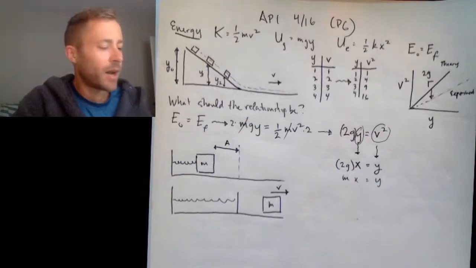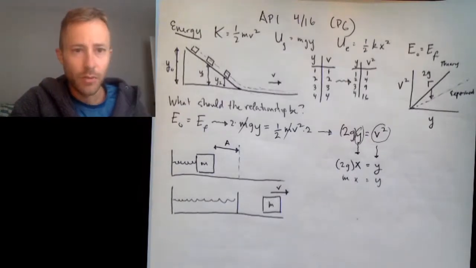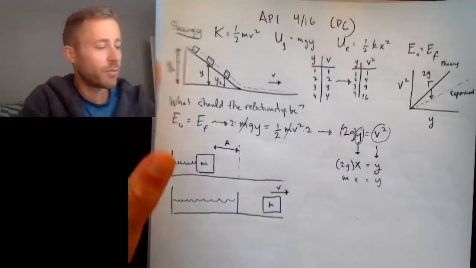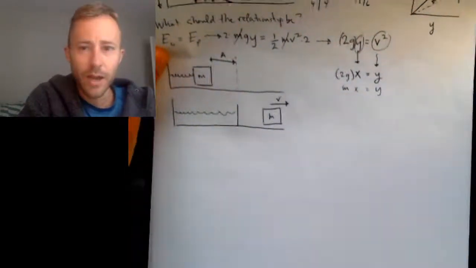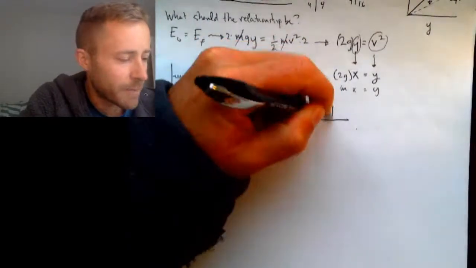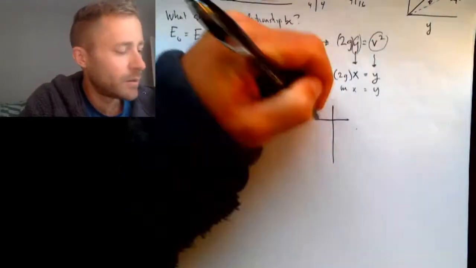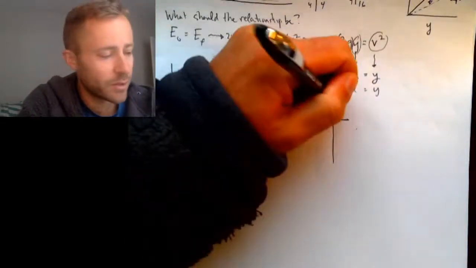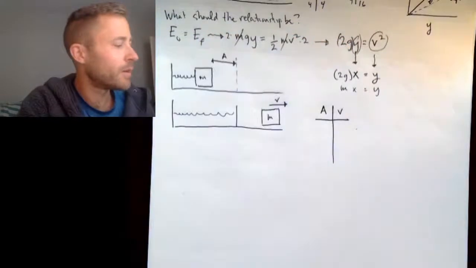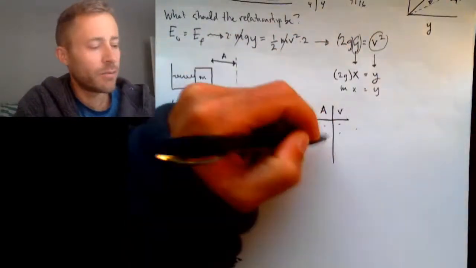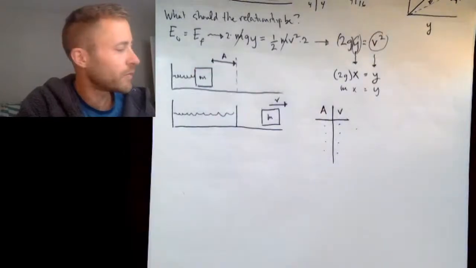So I'm going to assume that we varied the amount that the spring was compressed before launching it. So that would mean that the data table that I collect would be amount compressed, and then I measure the velocity in response to that. Okay? So I do a bunch of different compression amounts, I get a bunch of different launch speeds.